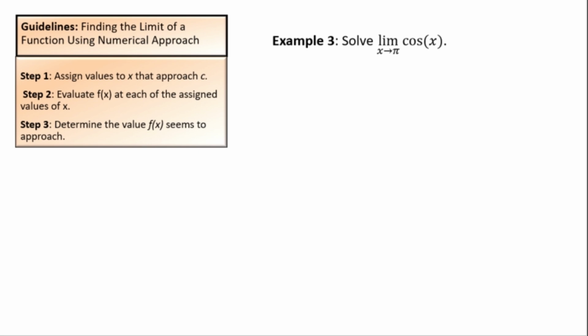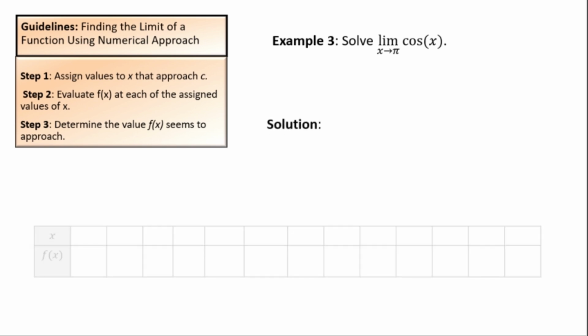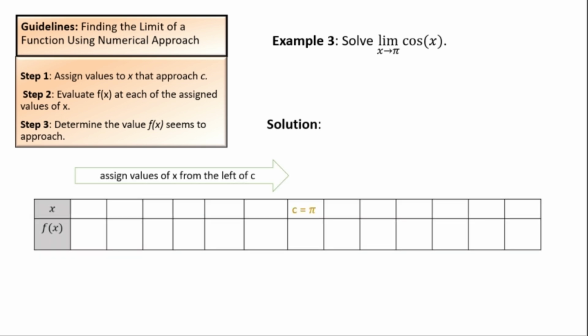Example 3. Solve the limit of cosine x as x approaches pi. Solution. Before we start assigning values for x, we first recall the first few digits of pi because this can be difficult or complicated if we are not familiar with these values. These are the few digits.